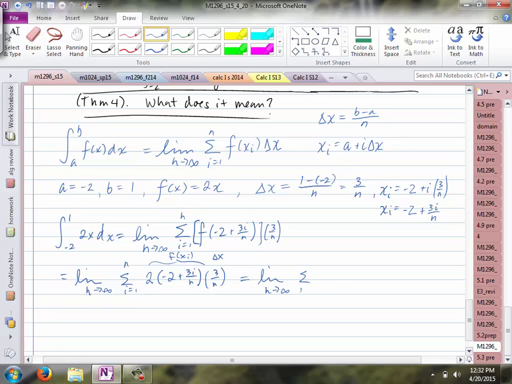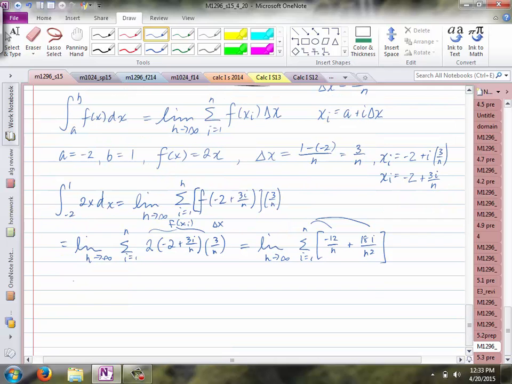I'm just going to start out by distributing the equivalent of 6 over n, because I got a 2 out front, and I got 3 over n behind. So 2 times 3 is 6 over n. And so I'm going to have -12 over n for the first term, and then plus 18i over n squared. So let me check that. Much easier on the i's.